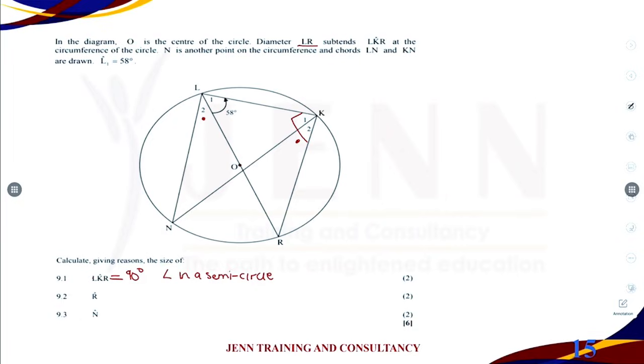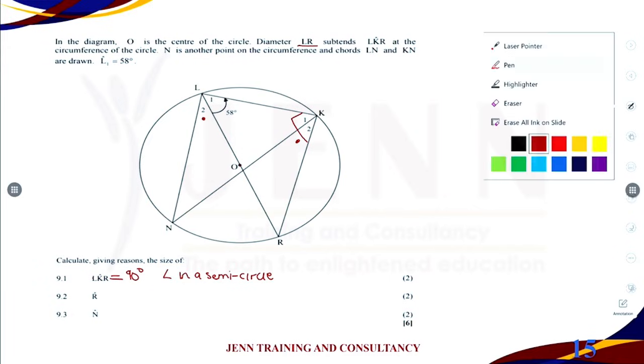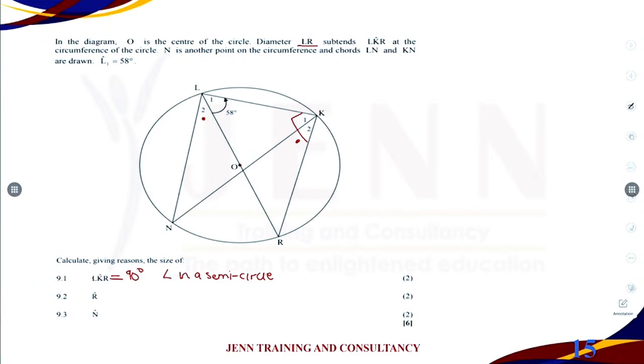And then 9.2, you are now supposed to answer the size of angle R. Now, for us to calculate the size of angle R, you must notice that we have triangle LKR.